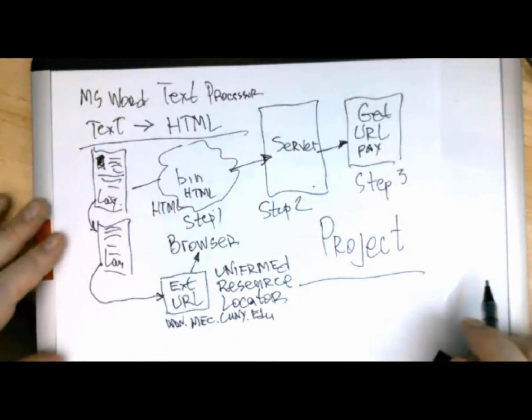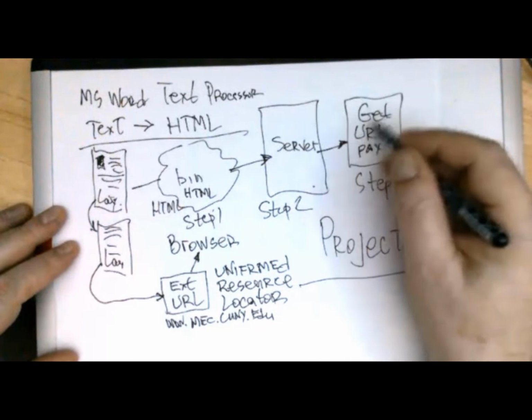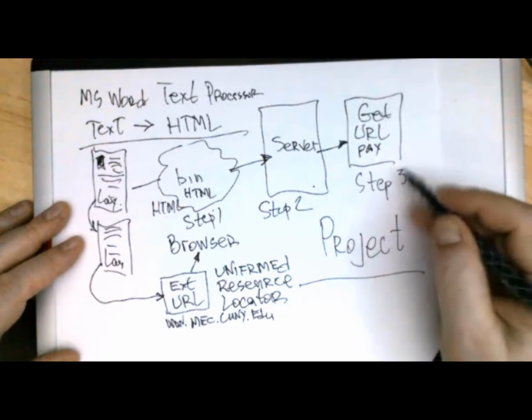But placement on a server is not free, folks. Some servers are free, some servers are active for payment. Then you get your URL registered and then you will have access.